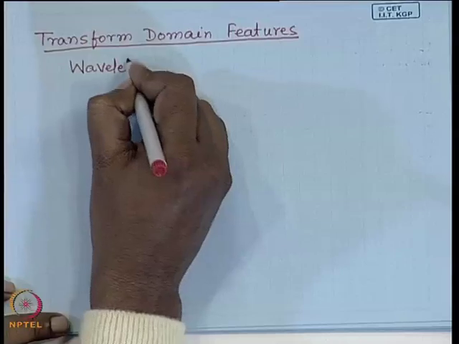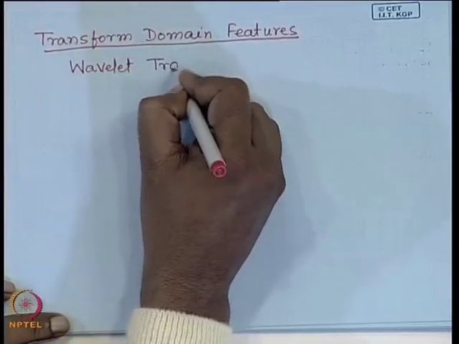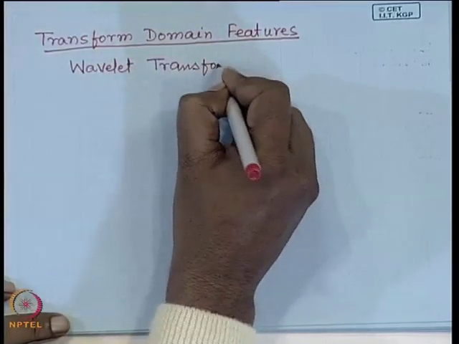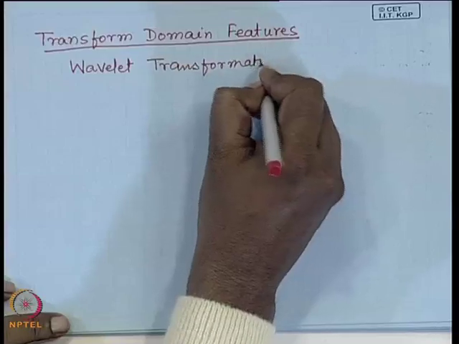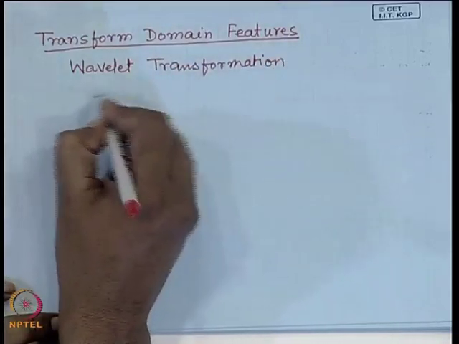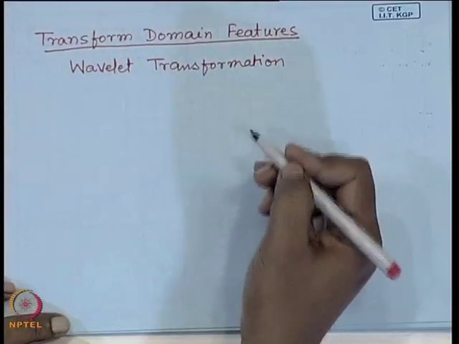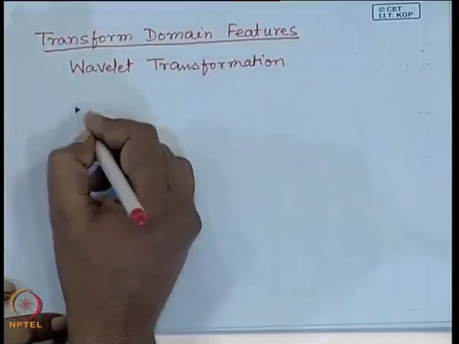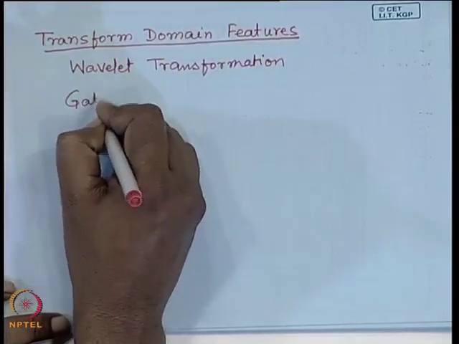So, the kinds of transformation which have become very popular for describing textures are, one, wavelet transformation, and the most popular to represent textures is the Gabor filter or Gabor transformation.